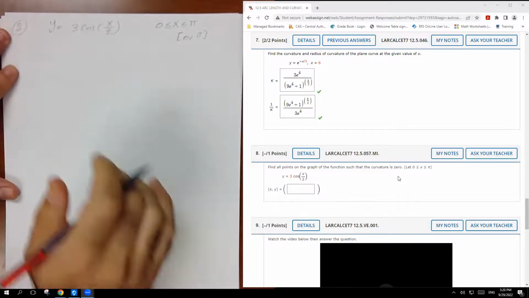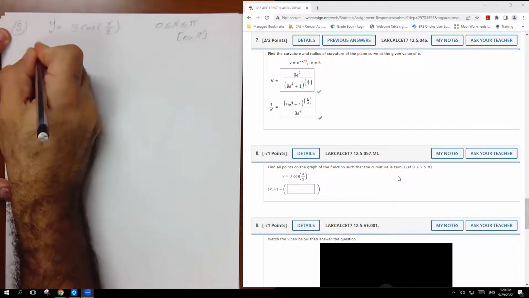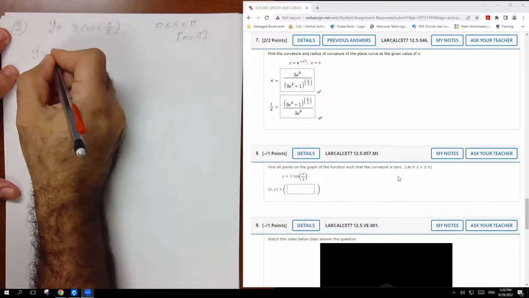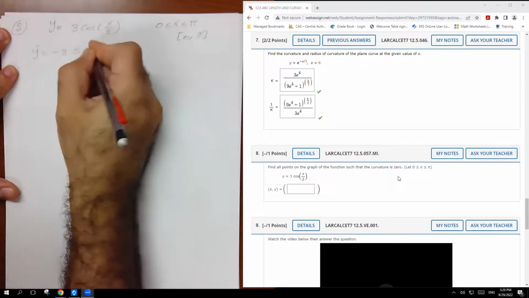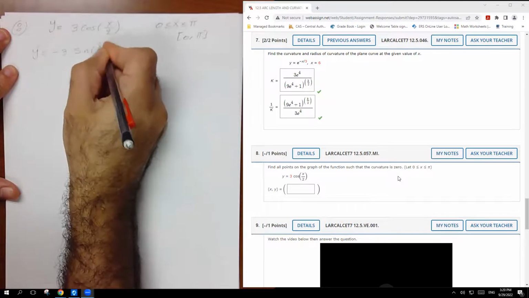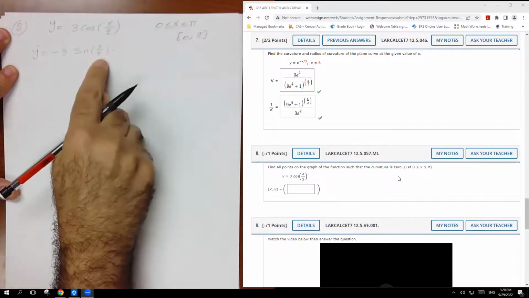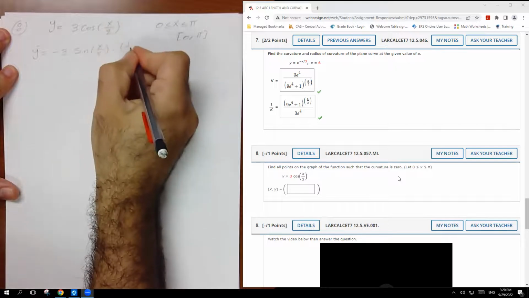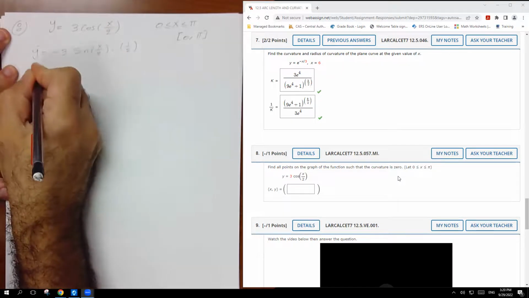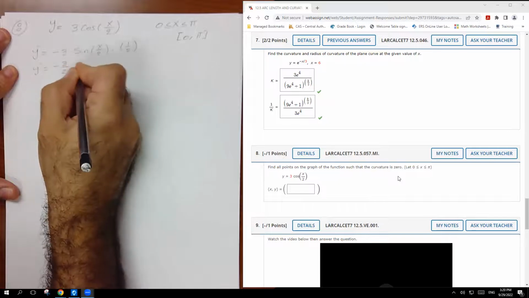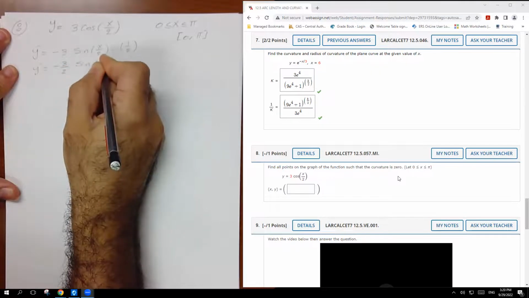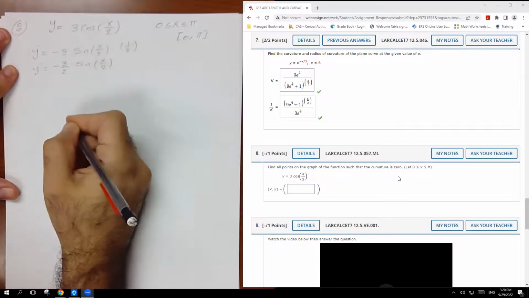The first thing we're going to find, y prime is going to be -3 sine x over 2 times the derivative of inside, which is half. That means y prime is going to be -3 over 2 sine x over 2.